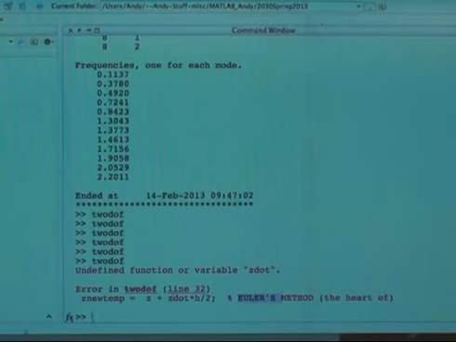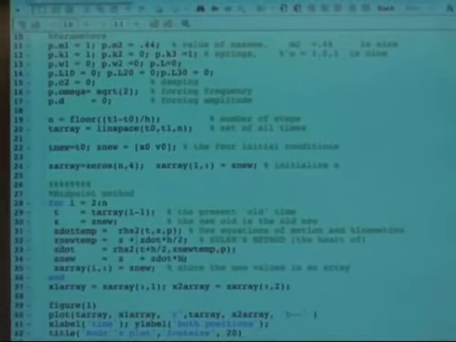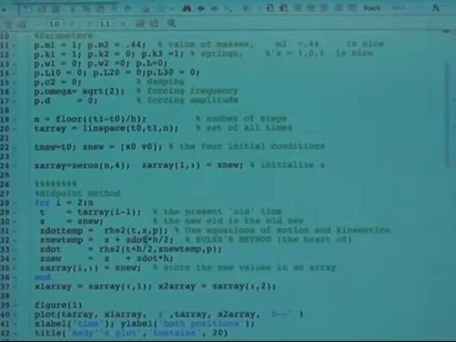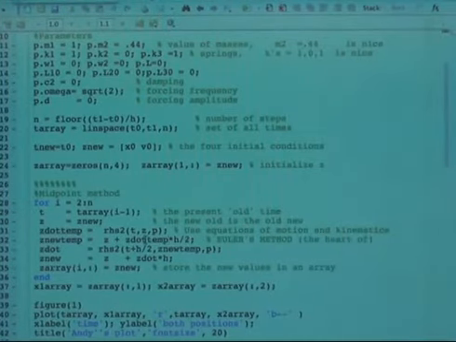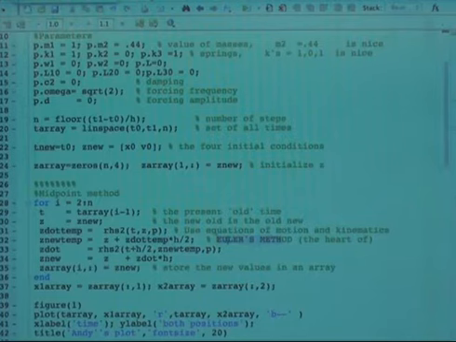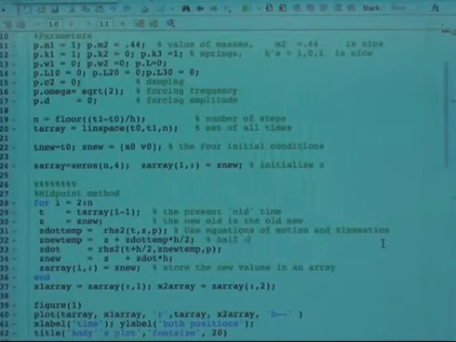So let me go back here. That was line number 32. That was z dot temp. And this is not the heart of Euler's method anymore, even though the heart part is good for today. This is now a half step. Okay, now let's try this again.